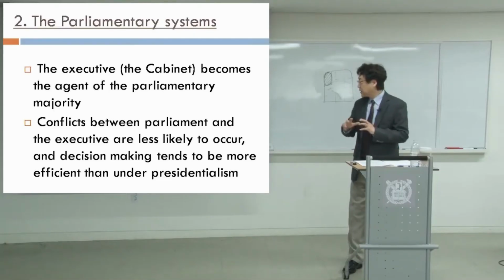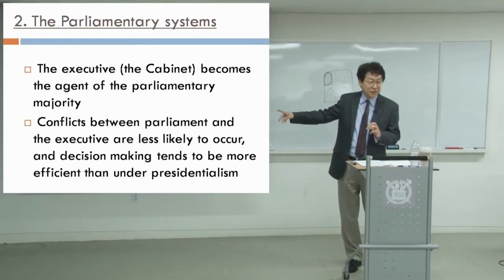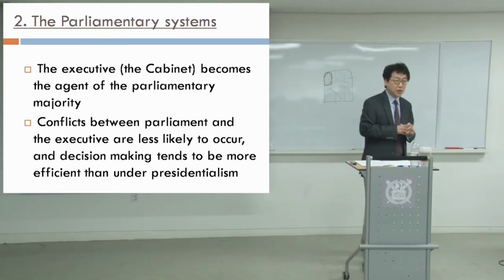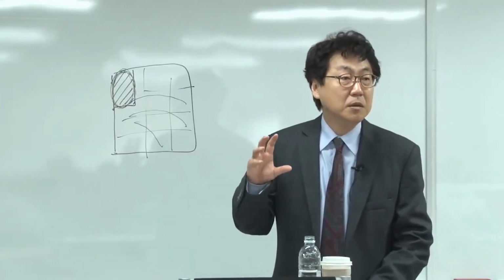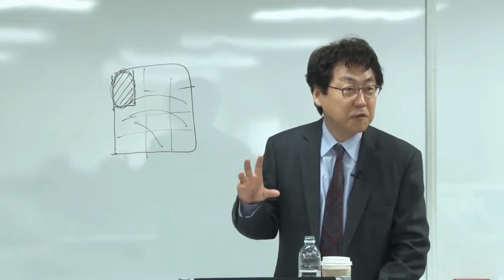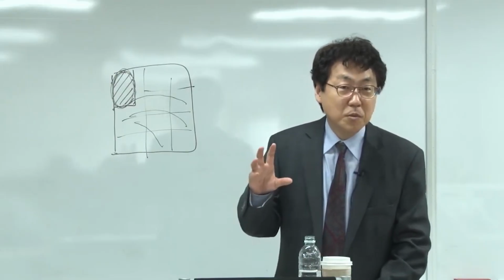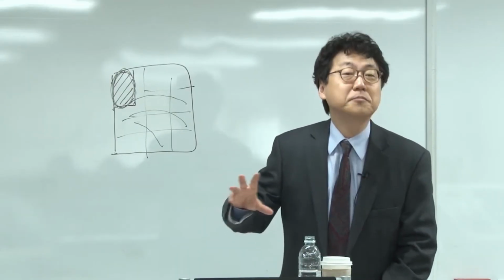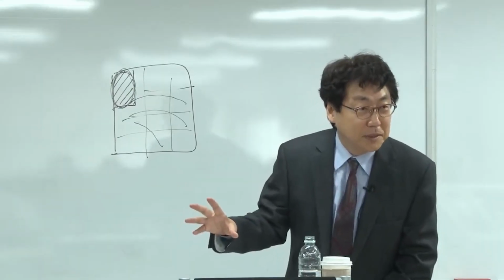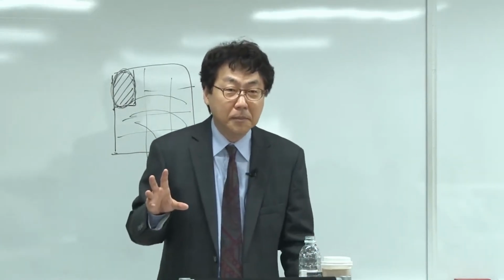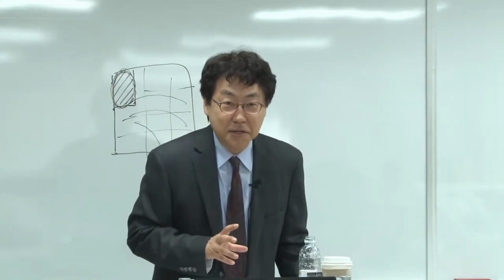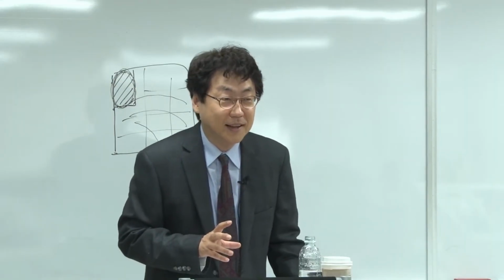If you think about it, in the figure that you saw about 5 minutes ago, the executive or cabinet emerges out of the parliament, right? Emerges out of the majority in the parliament. So majority party members become cabinet members, right?